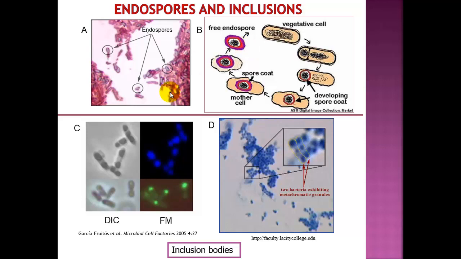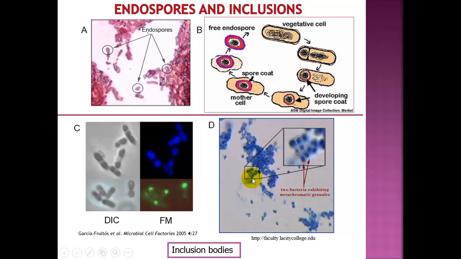Figures C and D in the bottom panel relate to inclusion bodies. Figure C on the left, you see a differential interference contrast image, or a DIC image. And on the right you see a fluorescence microscopy image. The dark spots in the DIC and the blue highlighted spots in the fluorescence microscopy image, and the green spots are all inclusion bodies within the prokaryote.